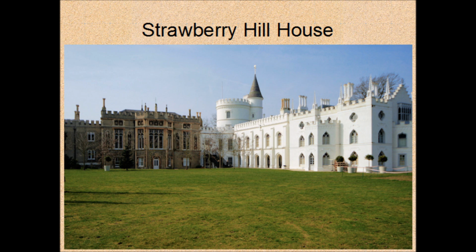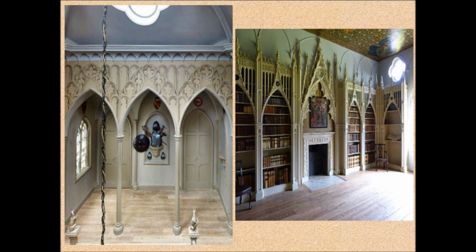At the beginning, it was a modest house, which was then transformed into a little Gothic castle by Horace Walpole, the son of England's first Prime Minister, who was an English writer and collector known for his novel The Castle of Otranto, published in 1764, which was the first Gothic novel in the English language and one of the earliest literary horror stories.